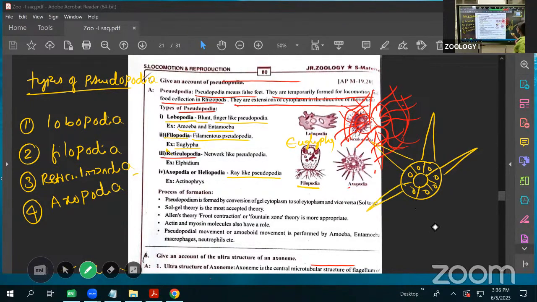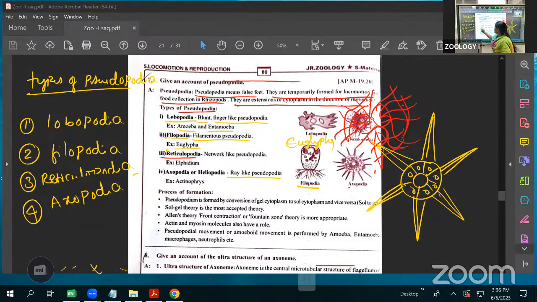That's why we call it actino. These are called Axopodia. An example is Actinophrys. Here, this one is called Actinophrys.